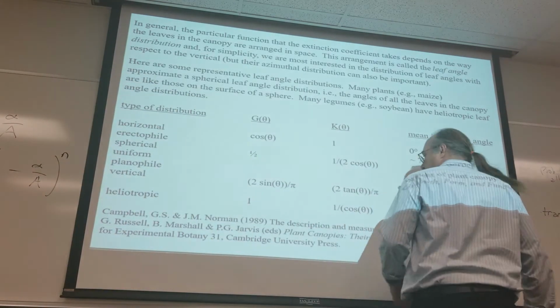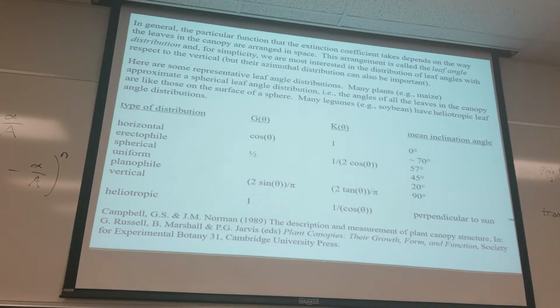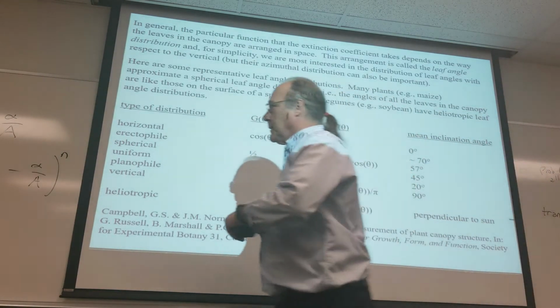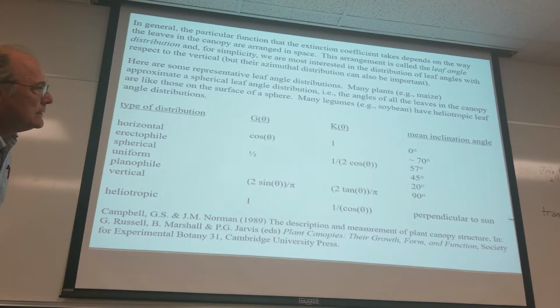So that may be why, if you have come across this transmittance through the canopy, it's oftentimes written as, the transmittance at an angle theta is e to the minus, what do I have for G?